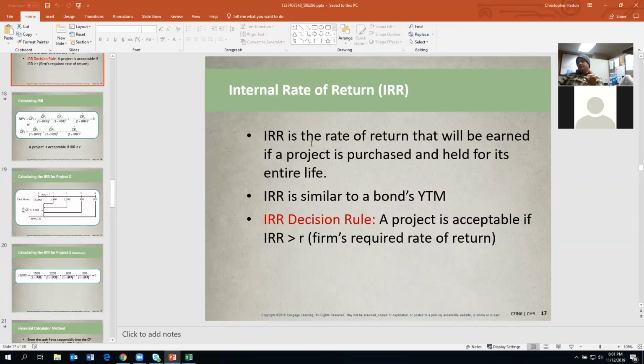So internal rate of return is a project or financing vehicle itself, and your required rate of return, or your R, is what your firm requires based off of its entire portfolio of projects and finance vehicles.